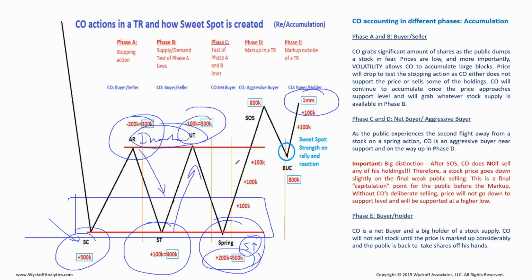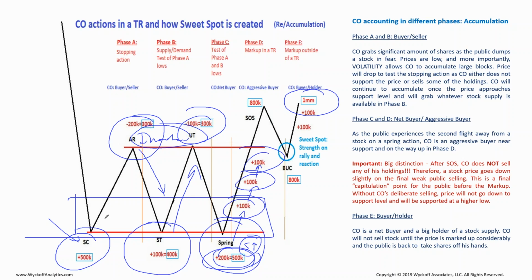Supply is in strong hands, or the majority of the supply, or significant supply, is in strong hands. Now if the CO is buying more, then the price is going to start moving up much more rapidly, much faster. At this point, the CO might be buying on the way up, and it can't hide it anymore.